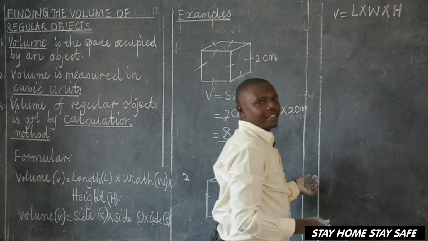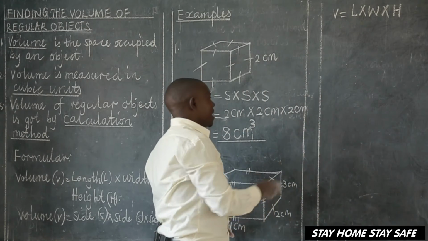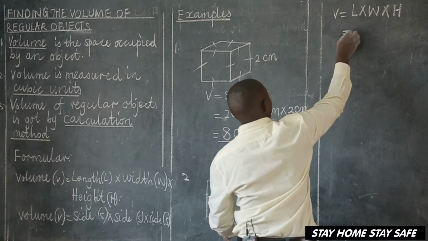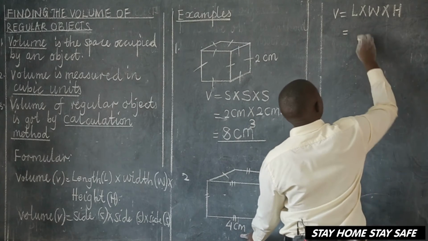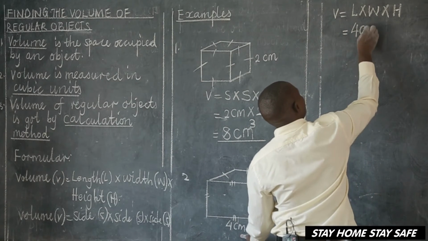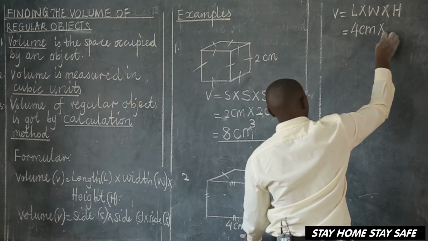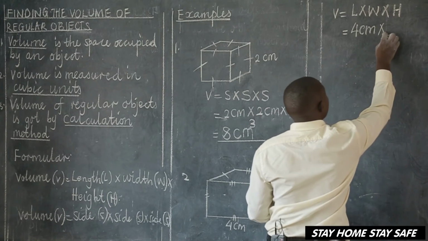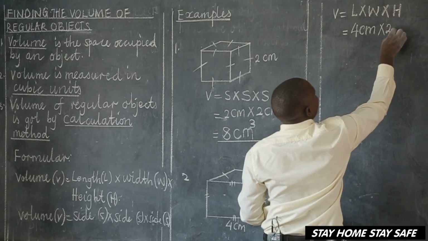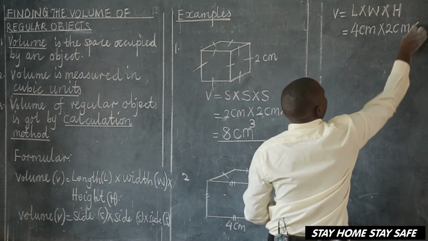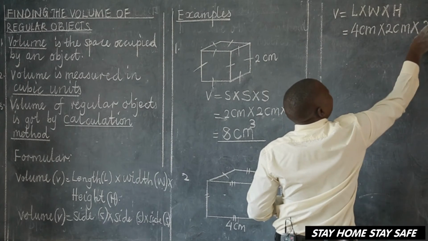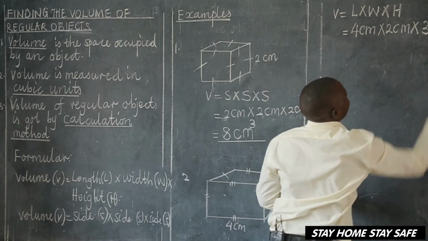Are we there? Good. So where is the length? What have we been given on the length? It is 4 centimeters, times the width is 2 centimeters, and the height is 3 centimeters.